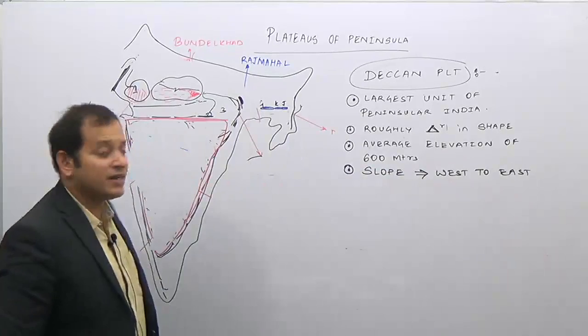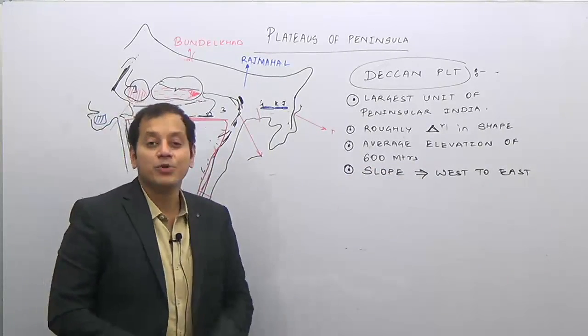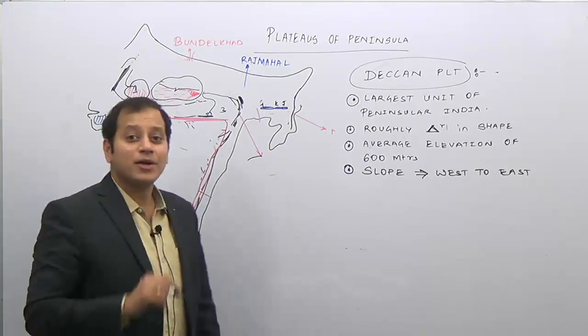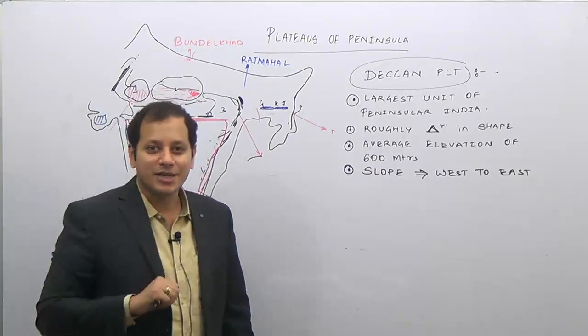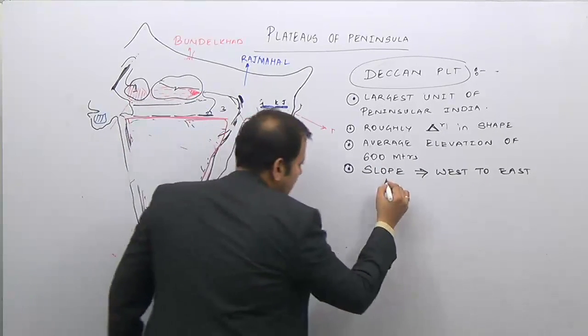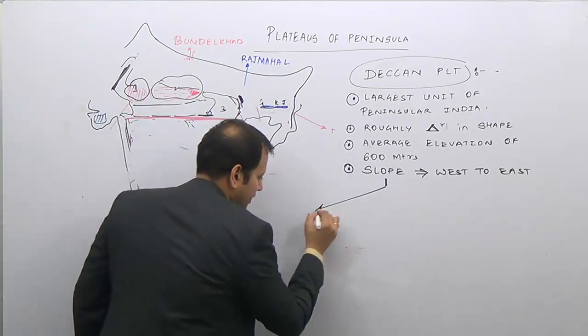This is indicated. Now the peninsular plateau, the Deccan Plateau, is further divided into three types.